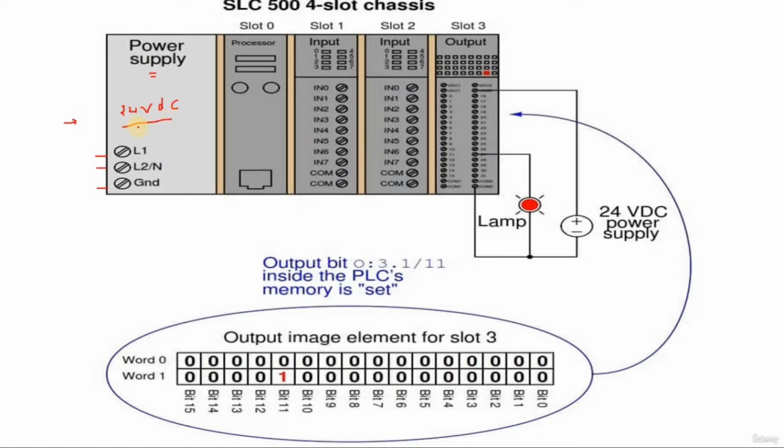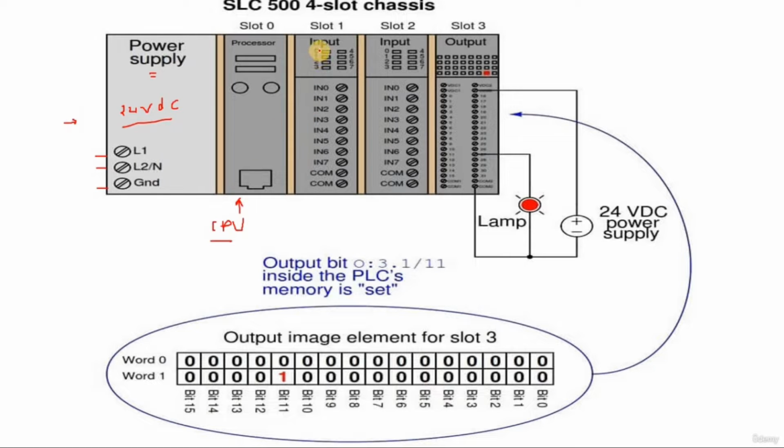You have to know in which slot we have inserted the digital input card, digital output card, and analog input cards. As per the discussion in the last session, we have to insert the CPU in slot number 0, so we have already inserted the CPU in slot number 0.